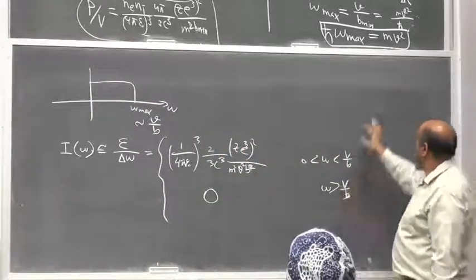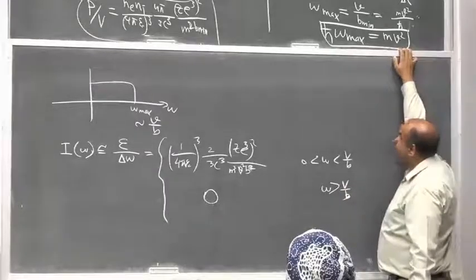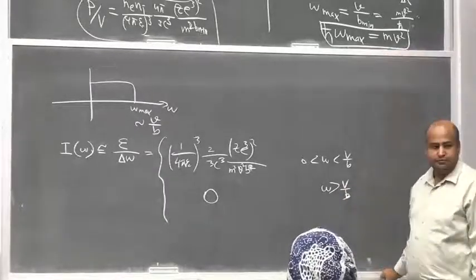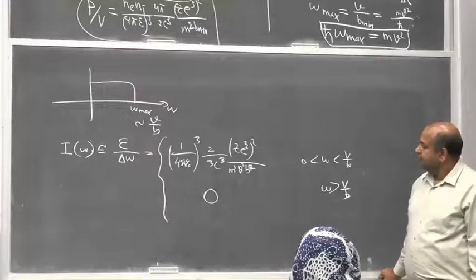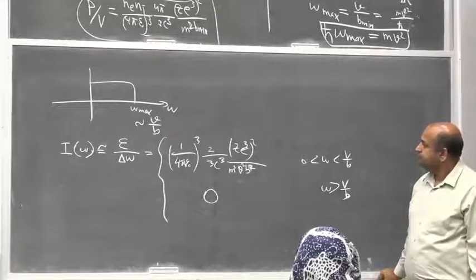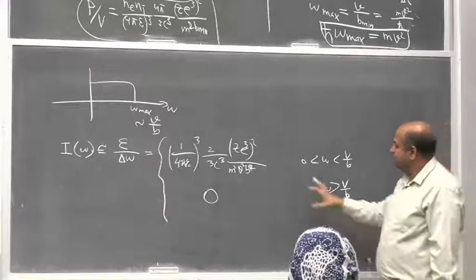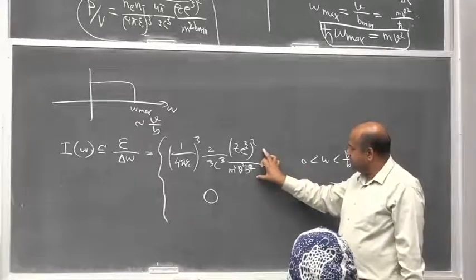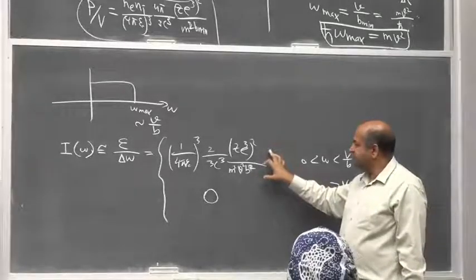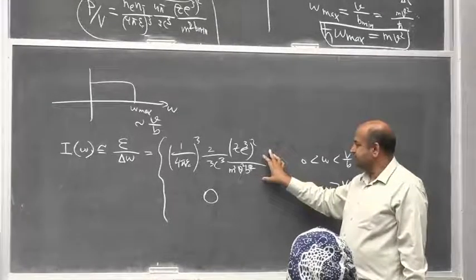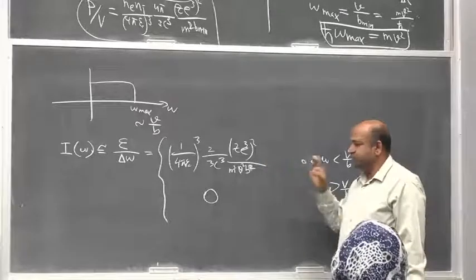The cutoff frequency is given by the kinetic energy of the particle. So this Bremsstrahlung spectrum that we have written here actually approximately agrees with the spectrum that we get very well.